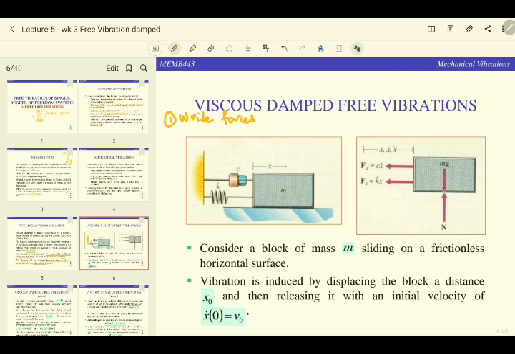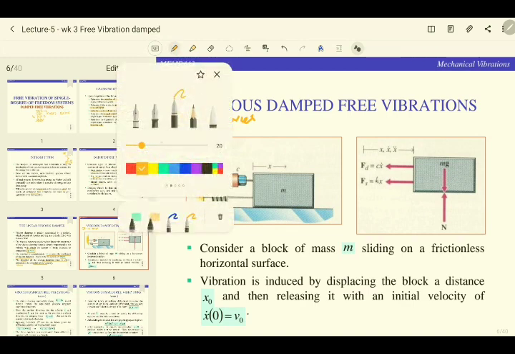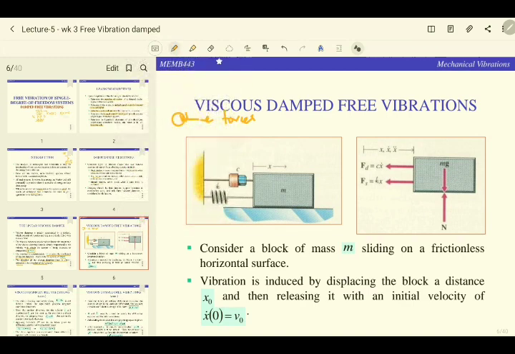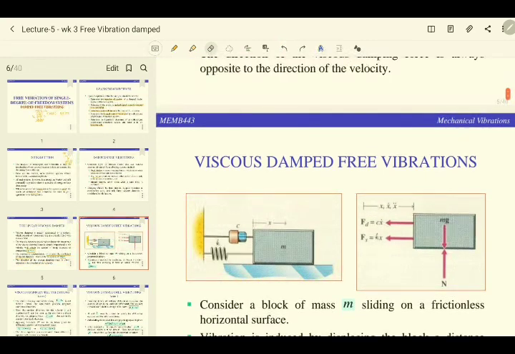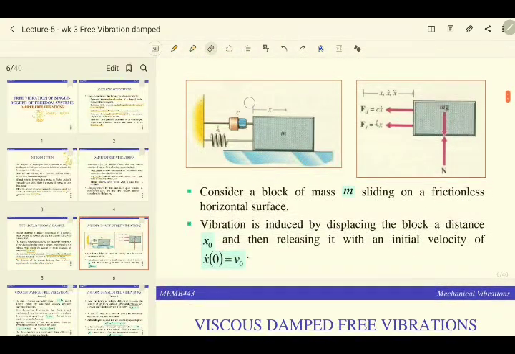Here you have two forces, the C and the K. You have to draw the free body diagram, where you have your C and K in the same direction as your x dot.